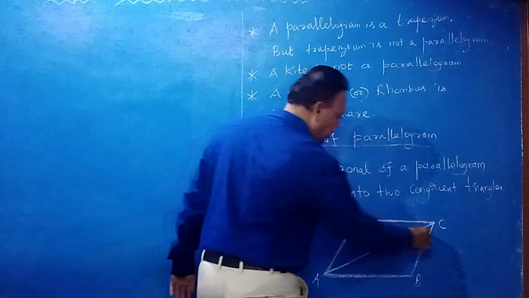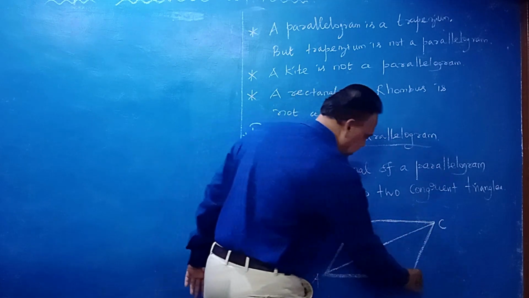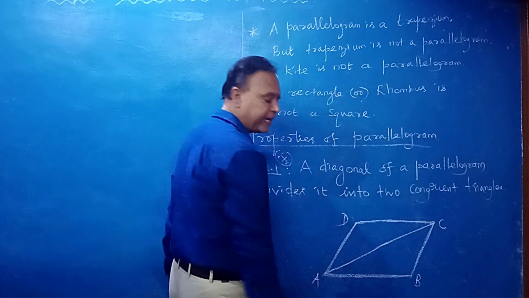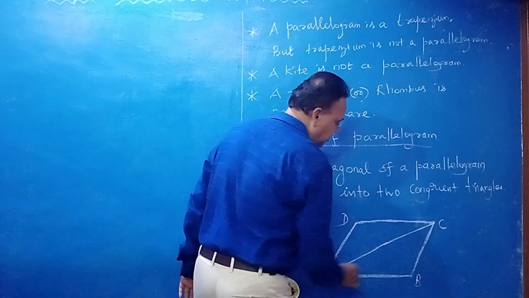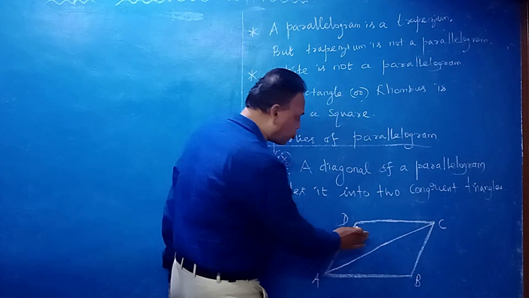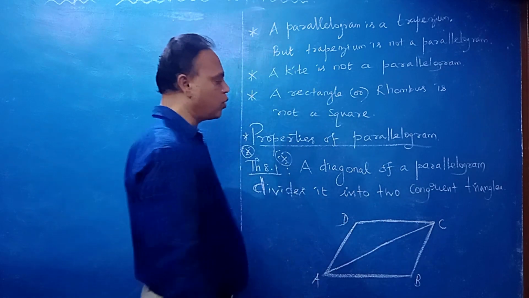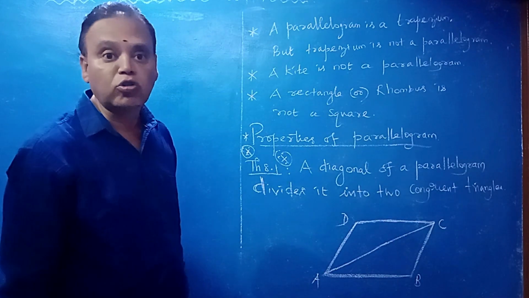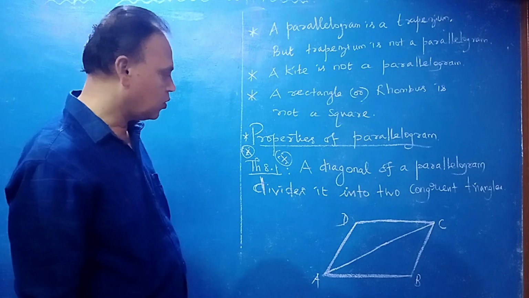Take ABCD as a parallelogram and draw one diagonal, AC. The diagonal divides it into two triangles. You have to prove both triangles are congruent by using congruence rules.